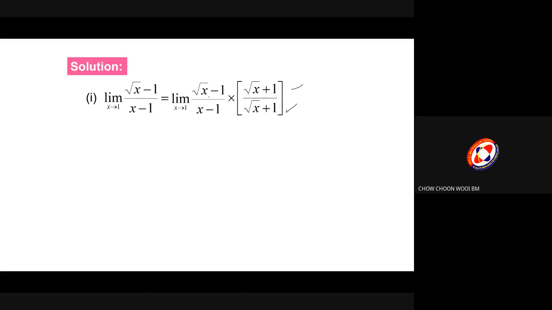Dalam ungkapan ini, sekiranya ada x, ayat ini penting untuk PSPM. Kalau ada x lagi, maka perlu tulis limit ini, kena salin balik. Kalau you nampak x lagi, maka kita kena salin dulu.